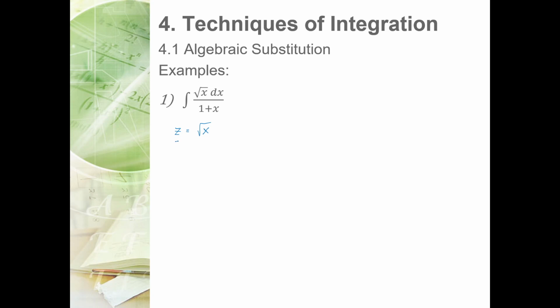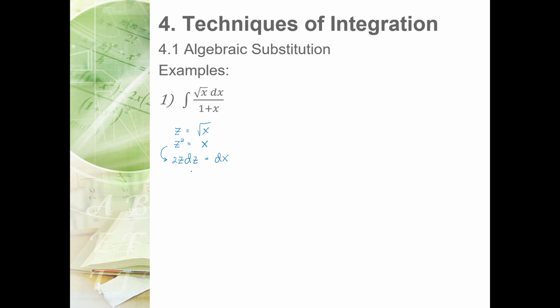So this becomes z squared is equal to x. And this is the time that we can derive your z and x variables. So this becomes 2z dz equals dx.